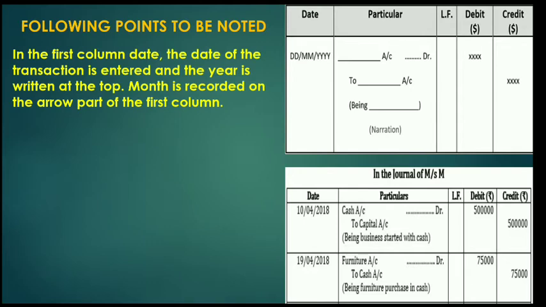Now we can see down below, we can write in this format also, the date, that is day, month and year. So it is written 10/4/2018, that means in the month of April. Next one you can see 19th April 2018. So it is written in chronological order, first 10 and then 19.